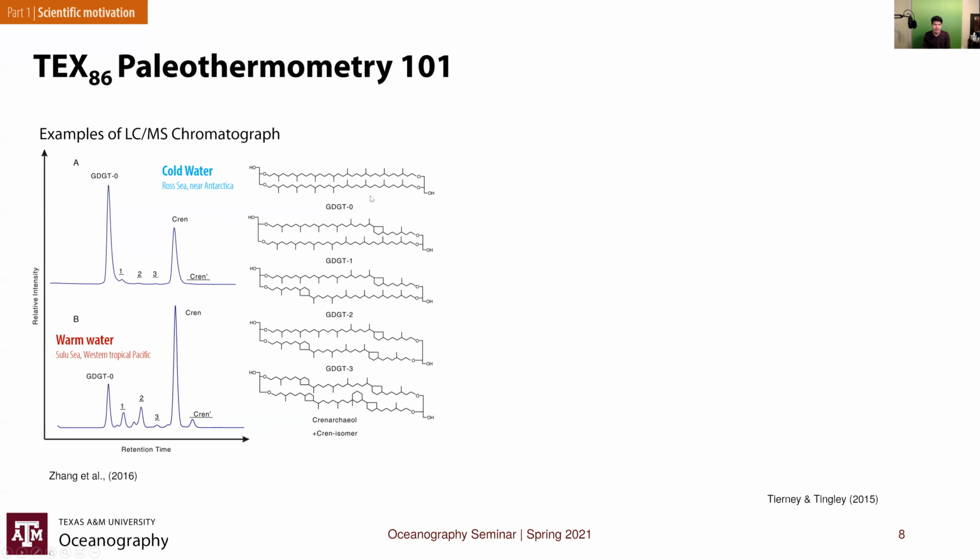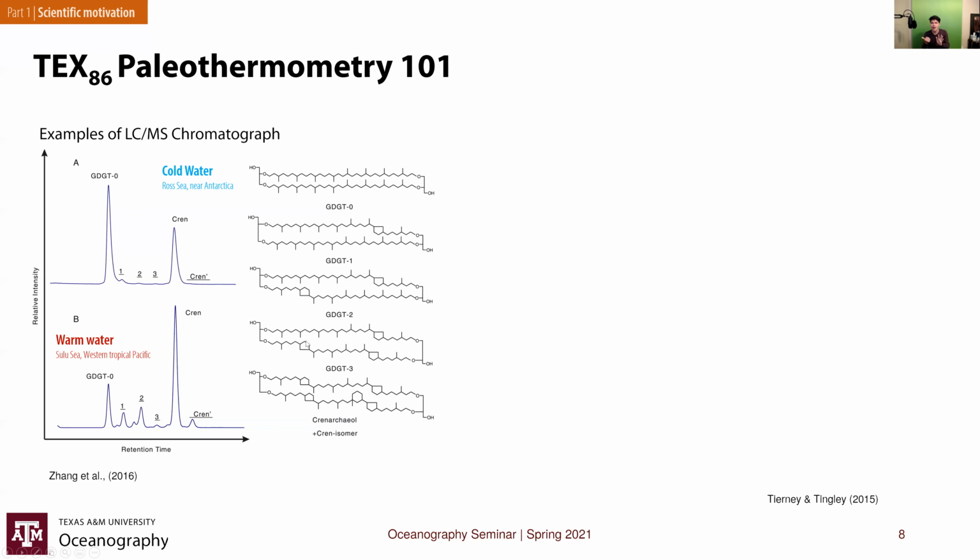If you have no internal cyclopentane rings, you say GDGT 0, but if you have one cyclopentane ring, you add numbers following the GDGT. So one ring, GDGT 1, two rings, GDGT 2, and so on and so forth.